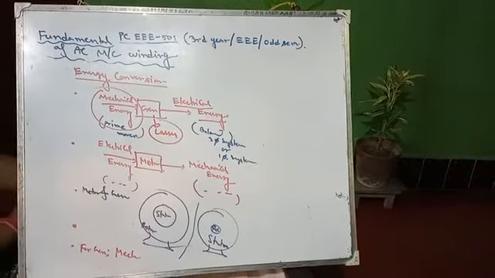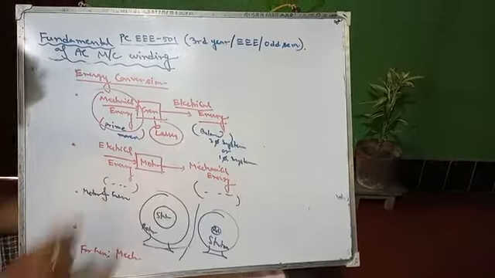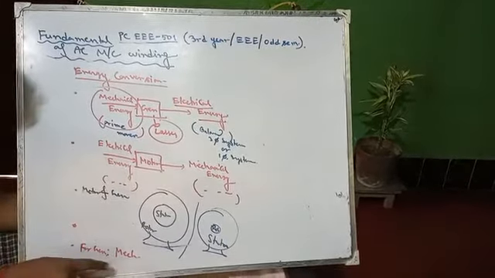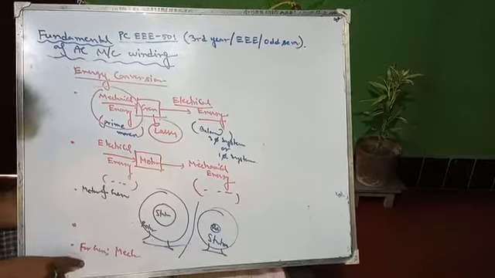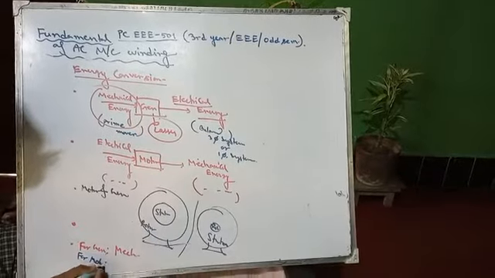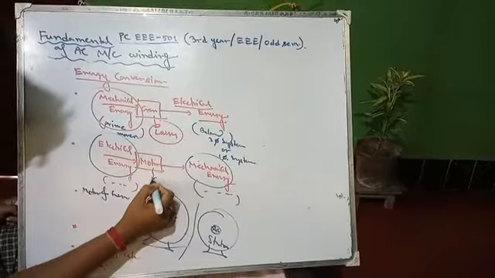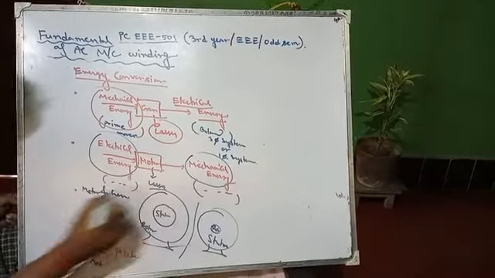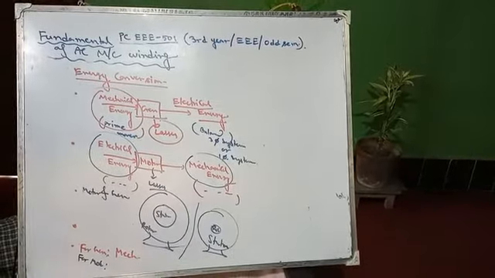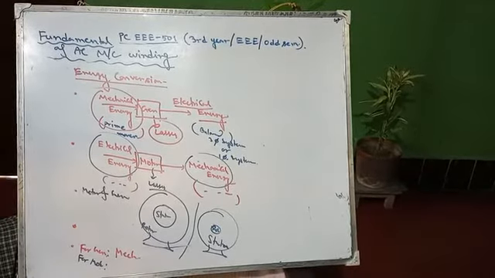So for generator, mechanical power equals electrical power plus losses. And for motor, electrical power equals mechanical power plus losses. Okay, so these are the basic equations, and these are the basic concepts.